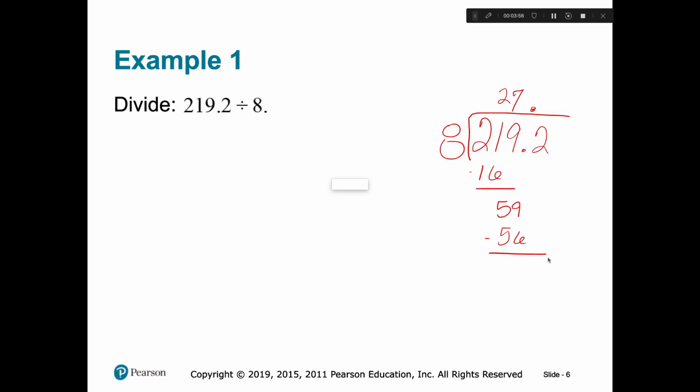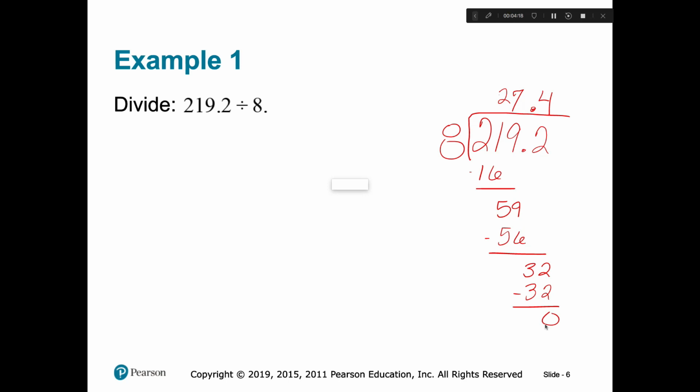Drop down my 2. 8 goes into 32 how many times? So my answer is 27.4, because I have no remainder, nothing left there.